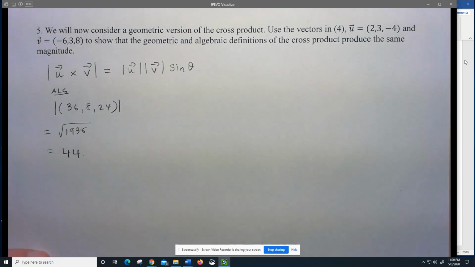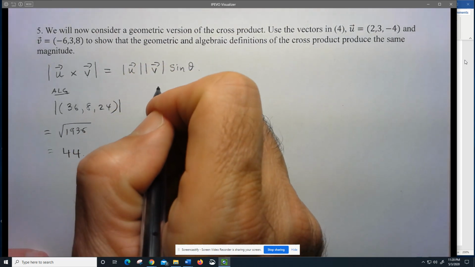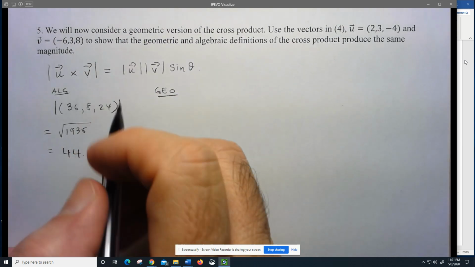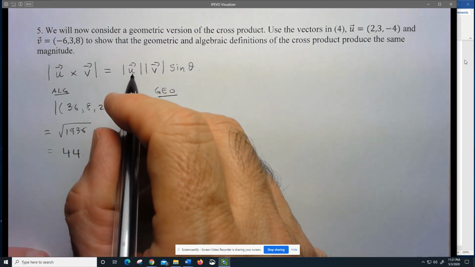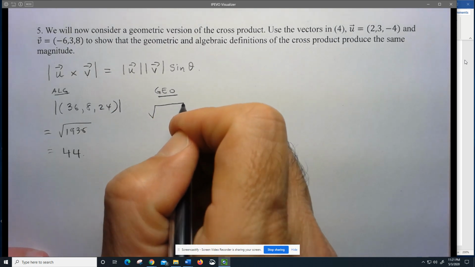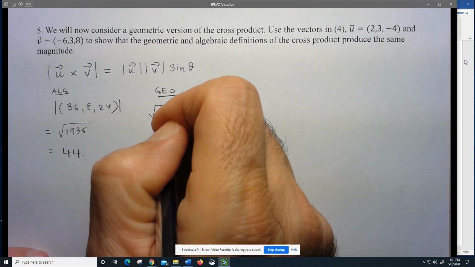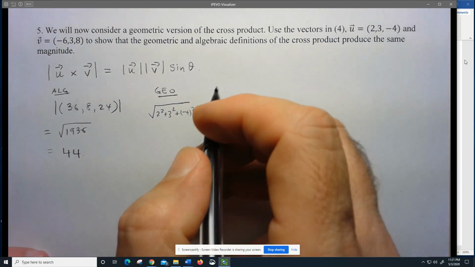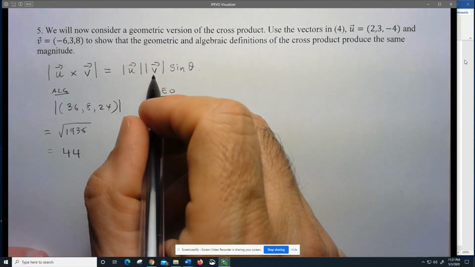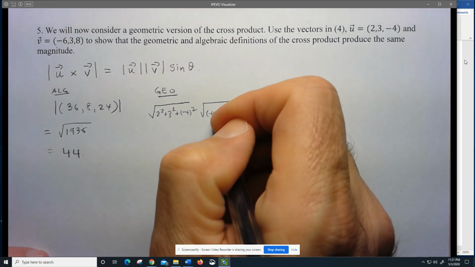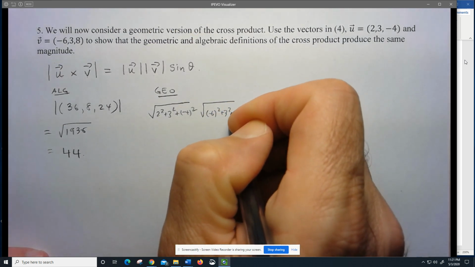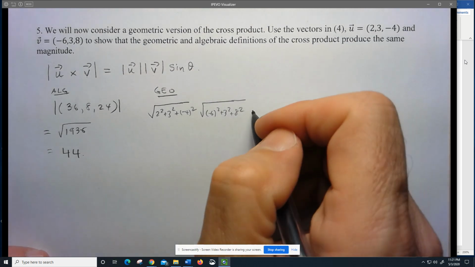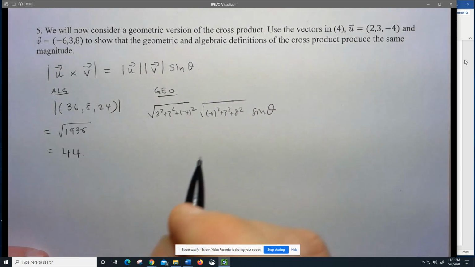So let's now use the geometric definition and see if we get the same value. The geometric definition says the magnitude of U is going to be the square root of 2 squared plus 3 squared plus negative 4 squared, times the magnitude of V, which is the square root of negative 6 squared plus 3 squared plus 8 squared, times the sine of the angle.